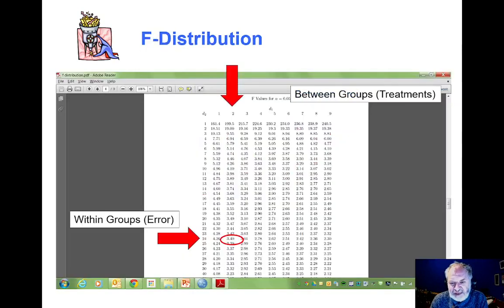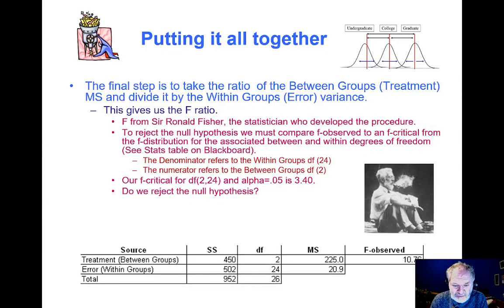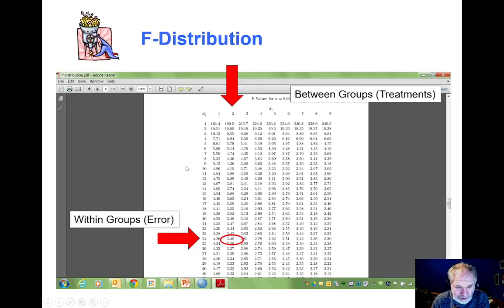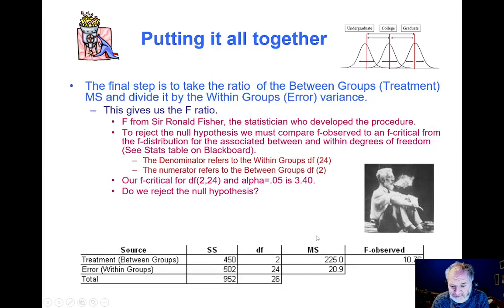So the final piece then is I have to look up my F critical, right? Because for my null hypothesis, what is my F critical? And that's from the F distribution. So in the table that we have, D1 is your numerator degrees of freedom. D2 is the denominator degrees of freedom, right? So it's an F ratio.